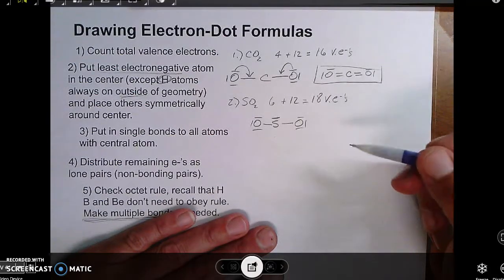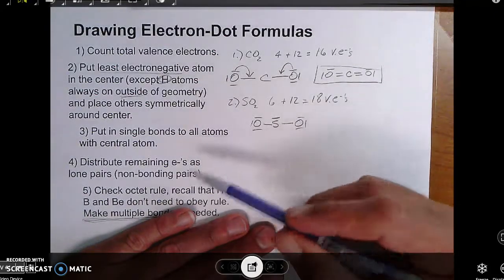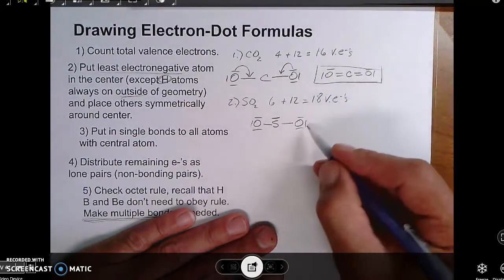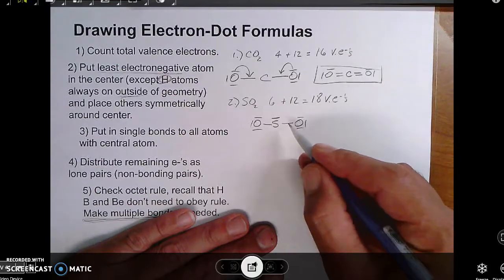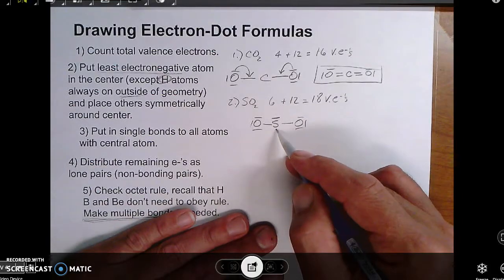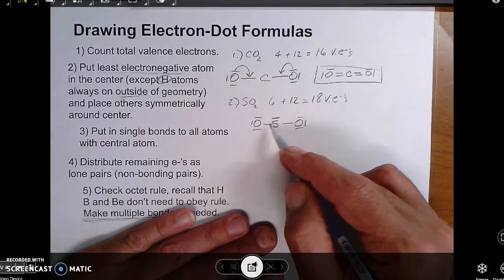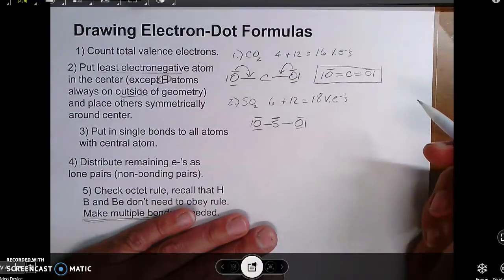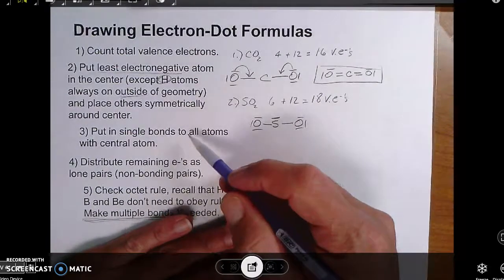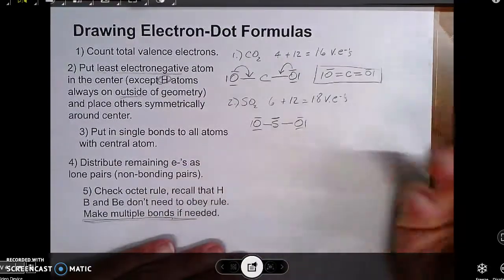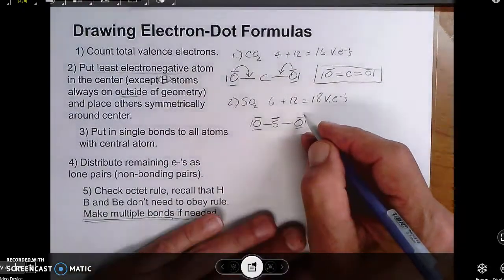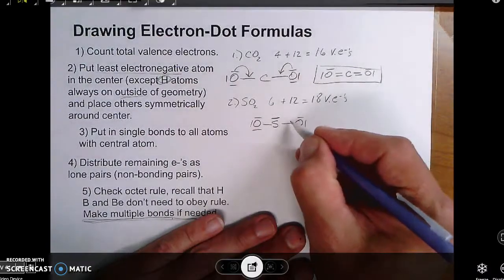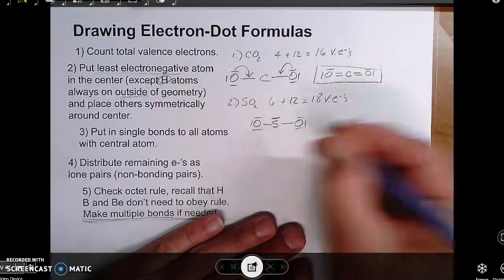The next part of the procedure is to check the octet rule. We see it's good here, 2, 4, 6, 8, same over here, but sulfur has only 6, 2, 4, 6 electrons associated with it. So we're going to need to make some multiple bonds. The question is, do we move this one in to make a multiple bond or this?